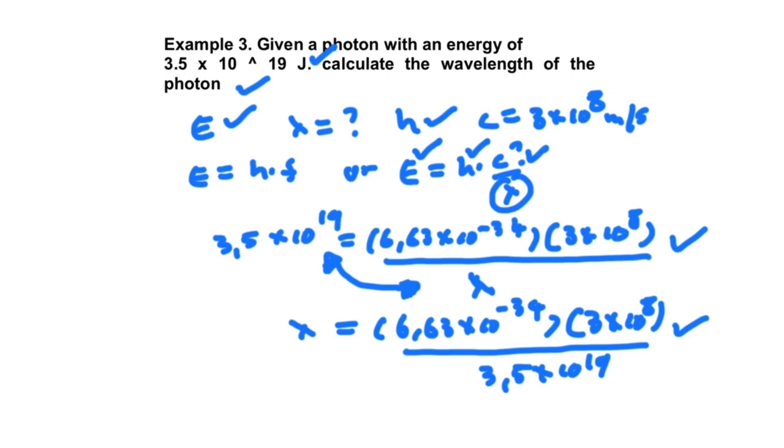There's no mark for mathematical manipulation in physics. The marks are for the ideas: picking the right formula, substituting, making necessary conversions, and so on. So if you do this, you don't have to worry. You're not going to lose any mark. So the wavelength that I'm getting here is 5.68 times 10 to the minus 45 meters.